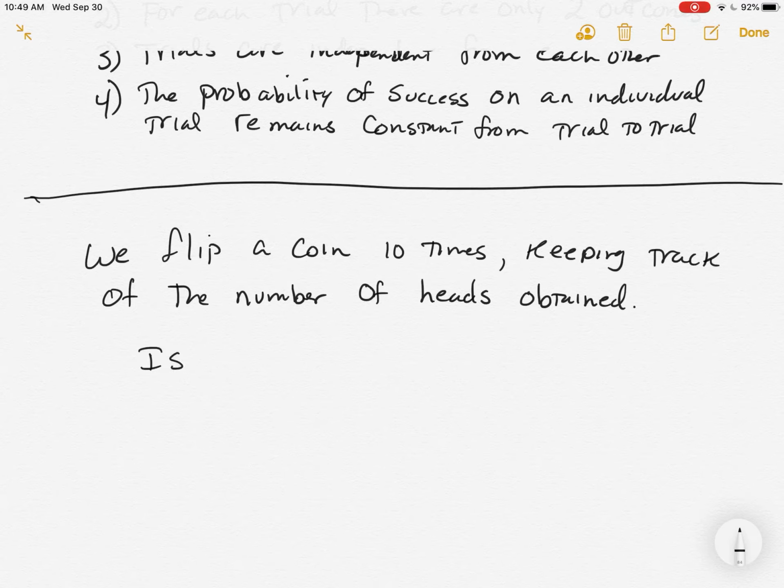Is this a binomial situation? Lots of things are. Okay. Flipping a coin 10 times, keeping track of the number of heads obtained.